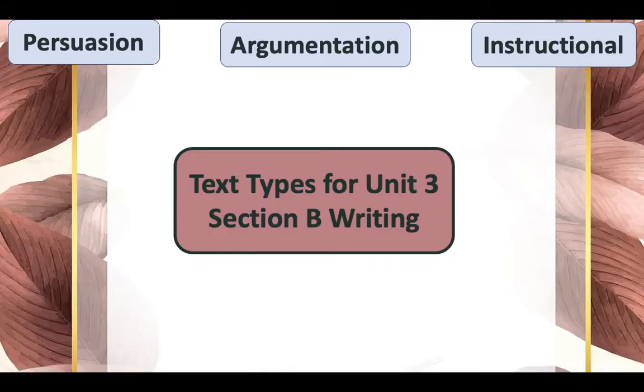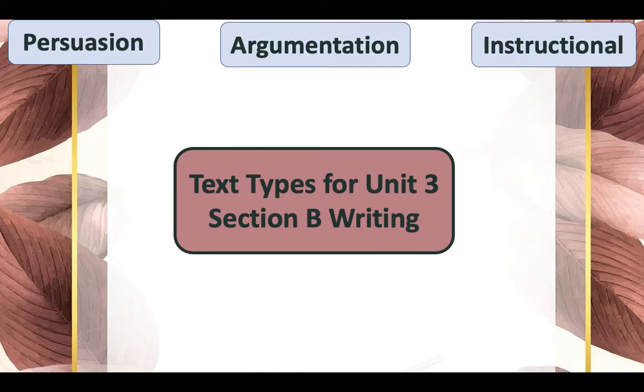So just a reminder then, all of the writing tasks for Unit 3 can be divided into persuasion, so changing somebody's mind or point of view, moving them to action; argumentation, so putting forward a point of view about a certain topic, perhaps presenting both sides, a little bit similar to an exposition; and then instructional, telling somebody how to do something or giving them information about doing an activity, or changing their behaviour in some way.